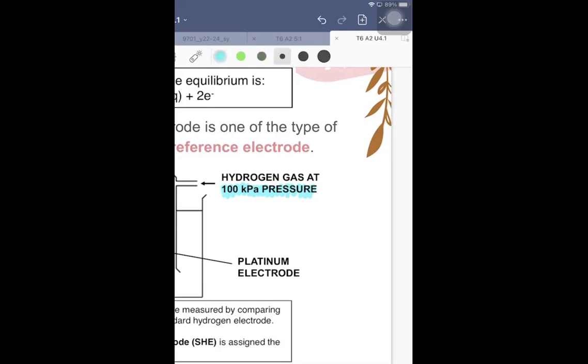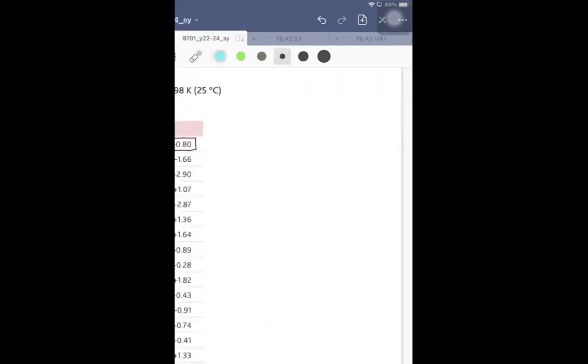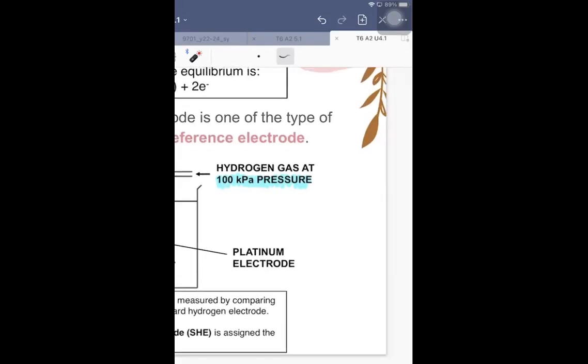So that means all the values that you see here, the standard electrode potentials, are measured when the half cell is connected to the SHE, the standard hydrogen electrode. So that's what it means.